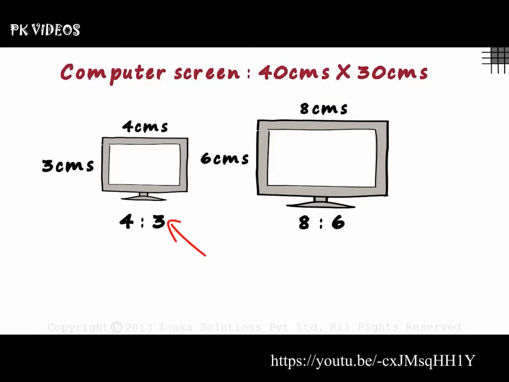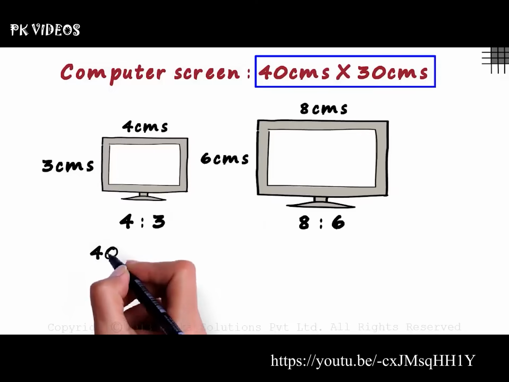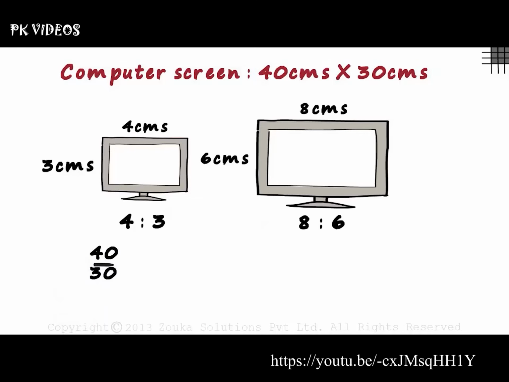Let's talk about the first case. Why 4:3? The ratio of the length to the breadth of the actual computer screen is 40 by 30. When reduced, it can be written as 4 by 3. Basically, if we divide both the numerator and the denominator by 10, we get 4 by 3.